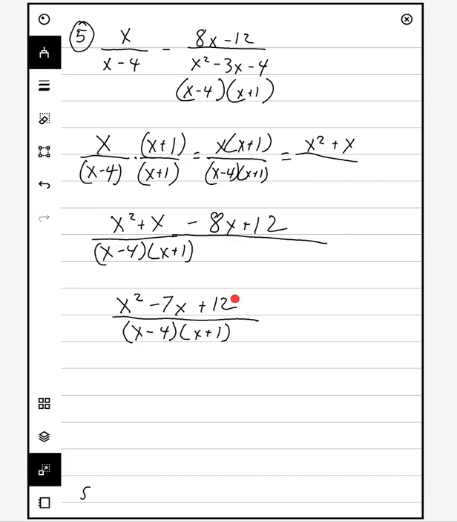Okay, what two numbers, when you multiply them, give you 12? Let's figure out the factors for 12. 1, 2, 3, 4... okay, 12, 6, 4, and 3. Now, to figure out which of these pairs is ours, we're going to look at the middle number. When we add the pair together, it's going to give us negative 7.